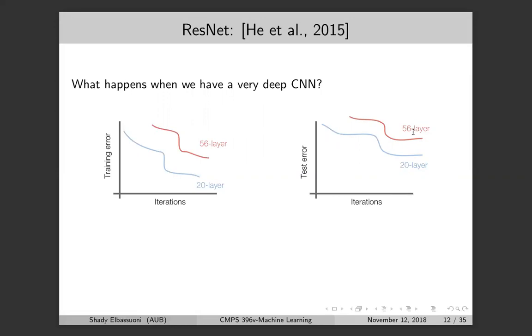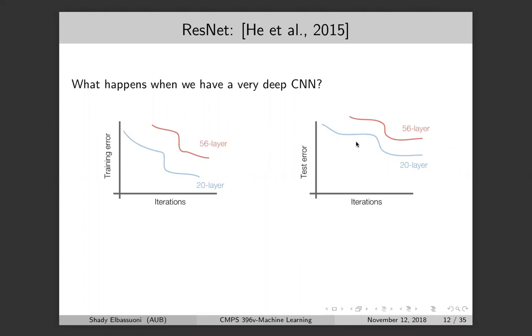But it's not generalization. So I don't agree with the last comment. It's not a generalization error because if you notice, the difference between the training error and the test error is not so high. So if you compare the two red curves or the two blue curves, they're tracking each other. There's the same trend, more or less. As the training error decreases, the test error decreases, and they're not very far off from each other.